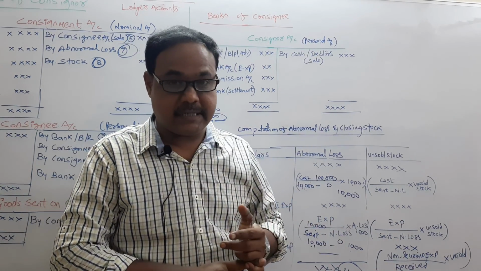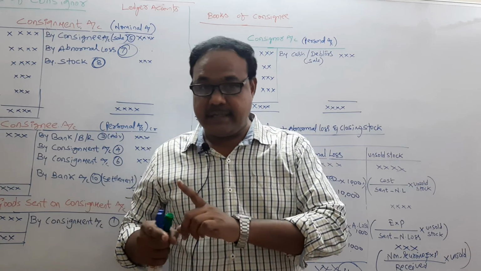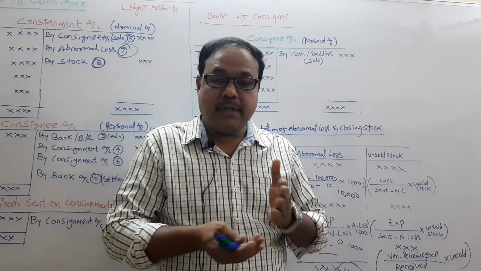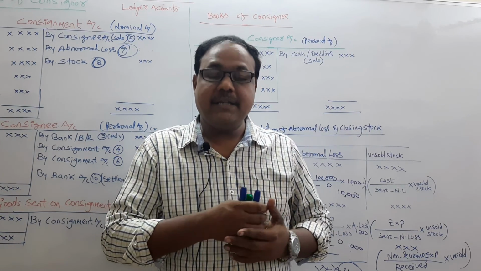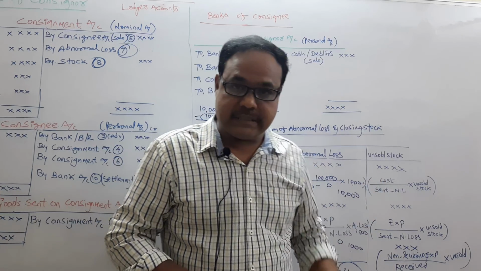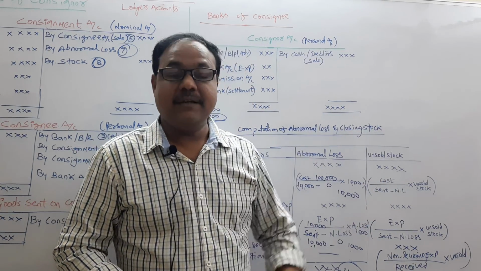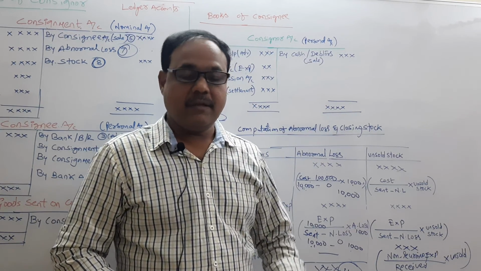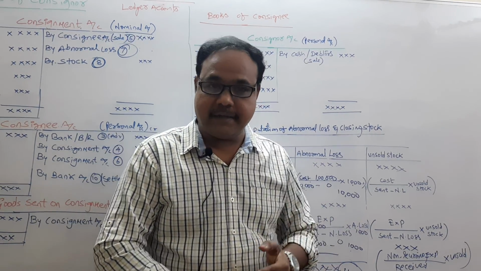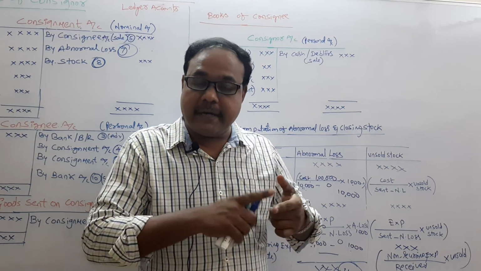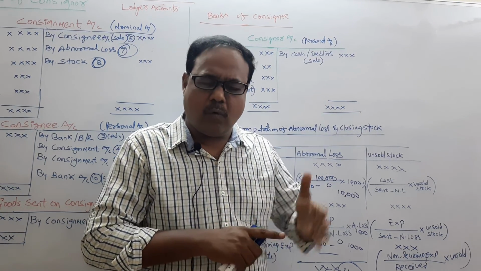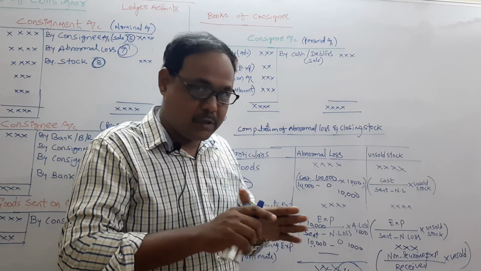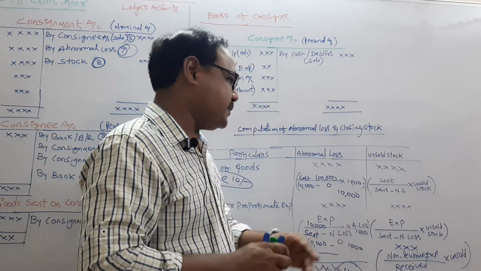Only non-recurring expenses. I told you in part 1 why we classify consignee expenses into recurring and non-recurring: here we have to consider only direct expenses, non-selling expenses, product expenses. That is why we classified into non-recurring and recurring expenses.